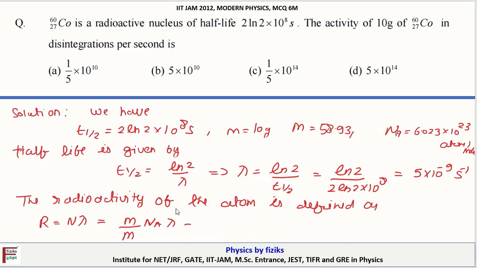Now this turns out to be 10 divided by 58.93 into 6.023 into 10 to the power 23 into 5 into 10 to the power minus 9 is equal to, that value would turn out to be 5.1 into 10 to the power 14 disintegration per second.